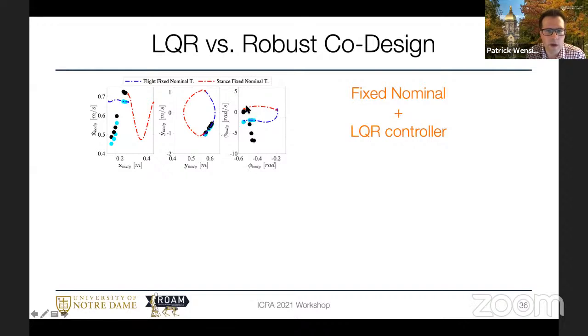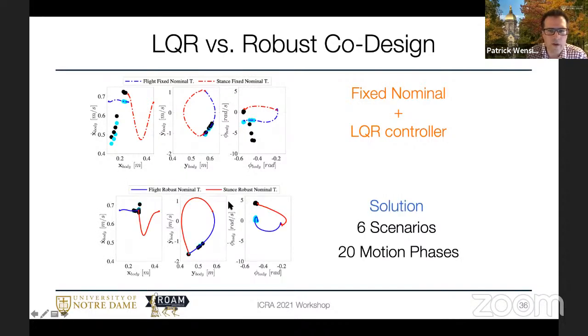So here we've got a good amount of spread for the LQR controller. Versus with our co-design controller, we've found a solution that really helps to cluster those post-impact states around the nominal, even when we have these terrain height disturbances. I recognize this is simplified in 2D, but we're really encouraged by some of these results, and we're starting to look at how we can address that scalability piece and push this into 3D.